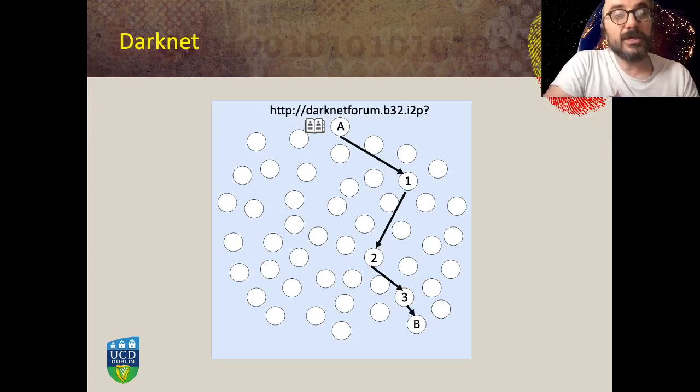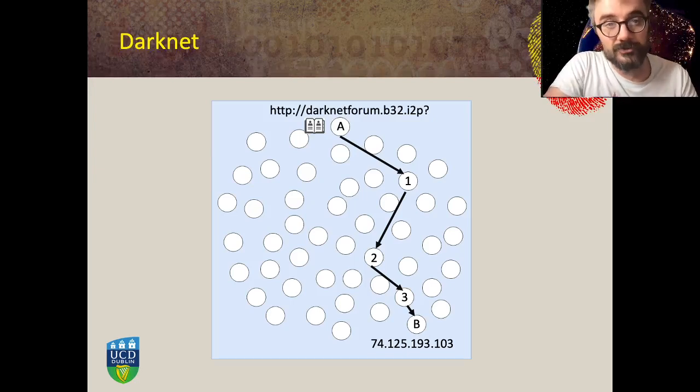However, in this case, machine A does not need to know the IP address of machine B. So the IP address of machine B is kept hidden from machine A. There are several other features whereby machine B also does not know the IP address of machine A, thanks to the special encryption and routing mechanism. Router 1 only sees incoming connections from machine A. It knows that this connection must be forwarded to router number 2, but it doesn't know what the ultimate destination is.